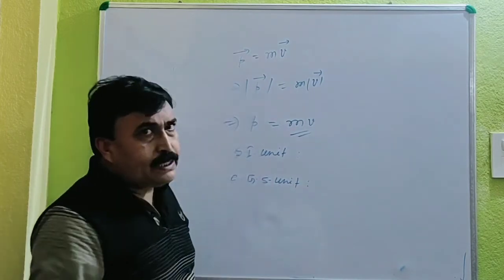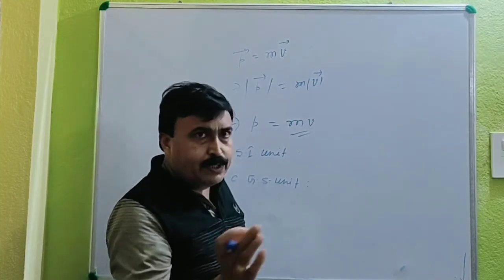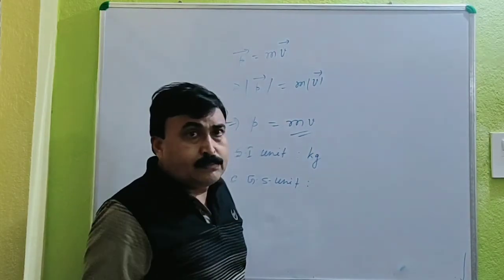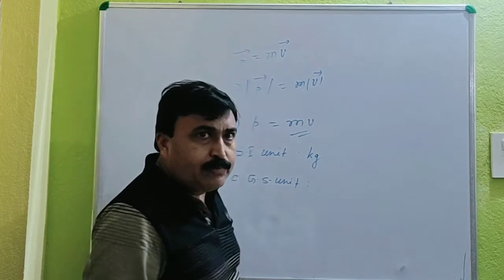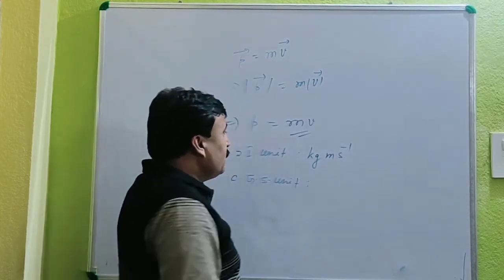So students, by observing this formula we can write that the SI unit of mass is kilogram and the SI unit of velocity is meter per second.